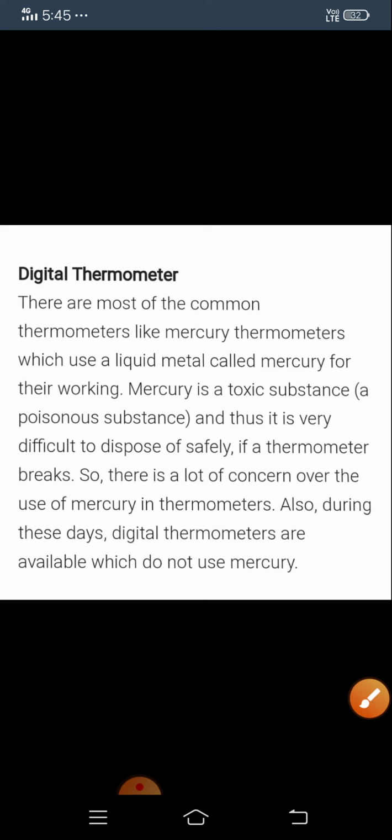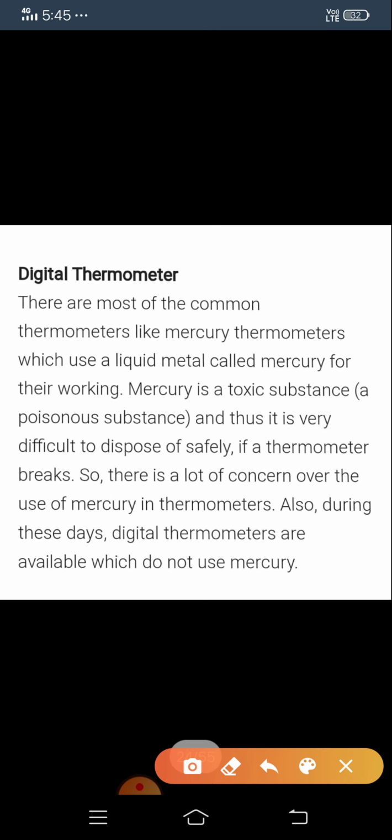But mercury is a toxic substance, and thus it is very difficult to dispose of safely.